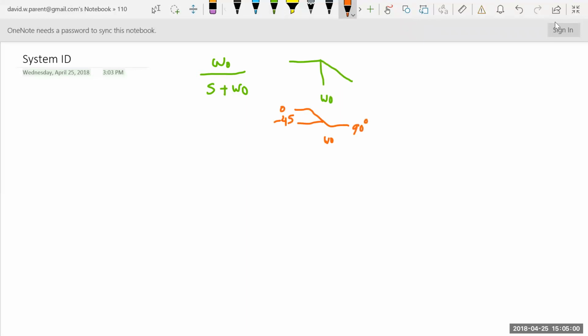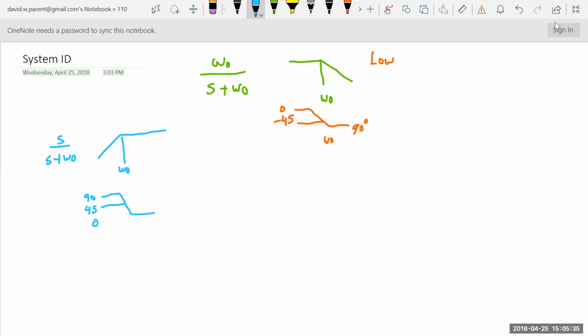Okay, where this is a low pass filter, right? We've done Bode plots for a high pass filter. All right.